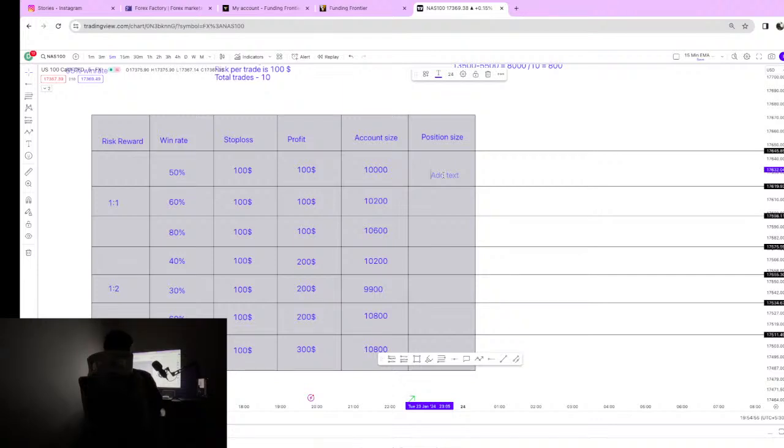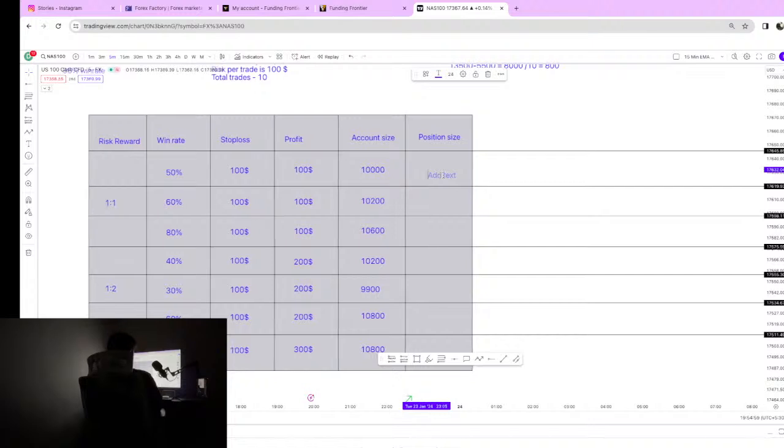Suppose you are trading any pair, right? And your stop loss is 20 pips. Okay. Your stop loss is 20 pips, right? How much you want to stop loss risk? $100.